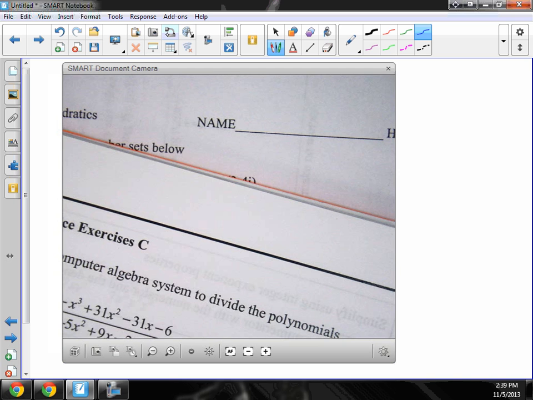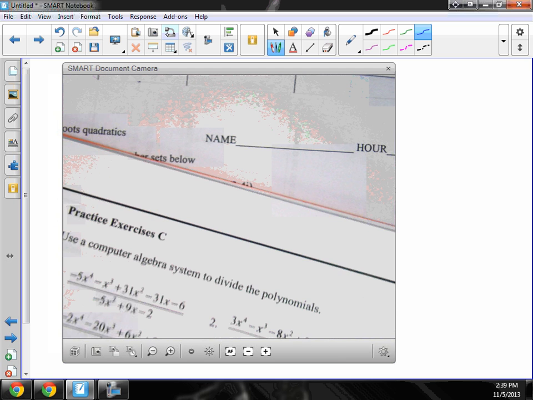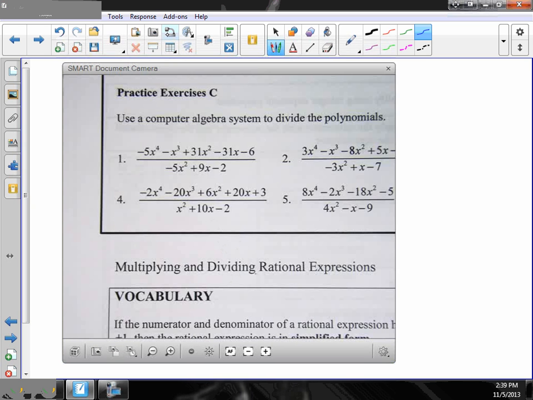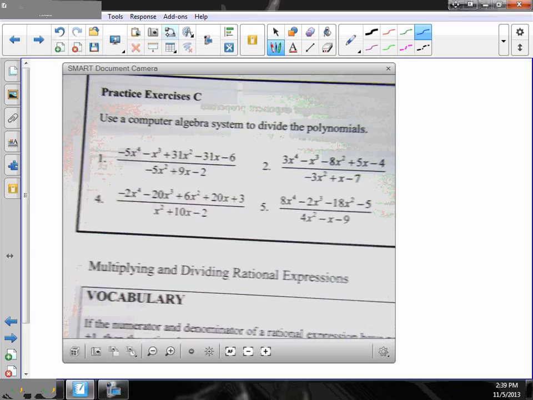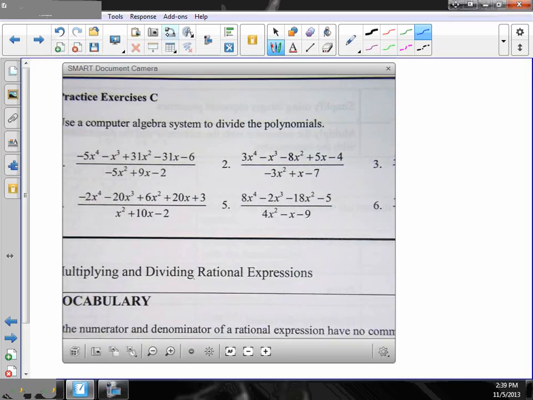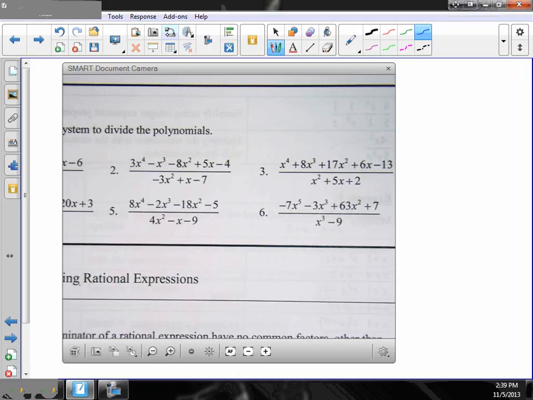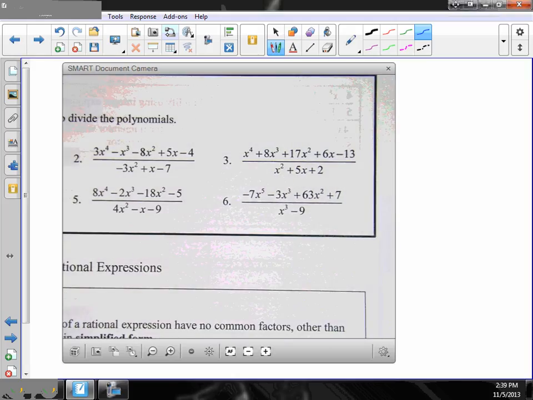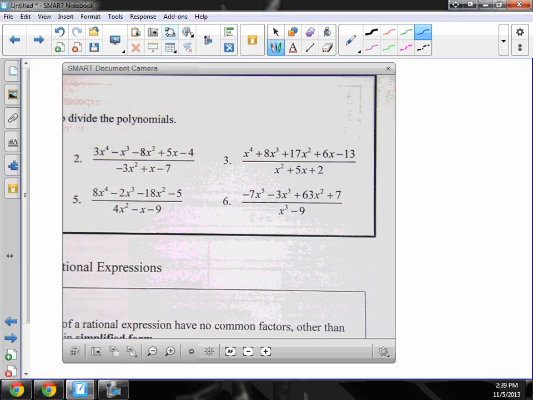It's on page 49, but I want to point out a couple things. It's only 6 problems. But notice on number 6, you're missing some terms. Number 5, you're missing a term, and number 6, you're missing 2 terms. When you do number 6, I'm going to get you started on number 6.